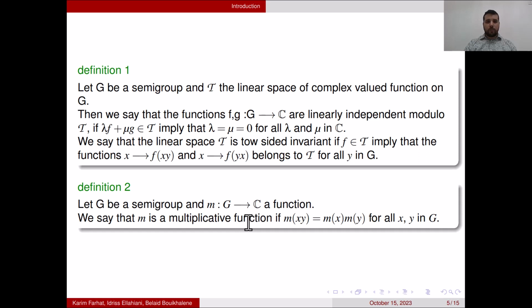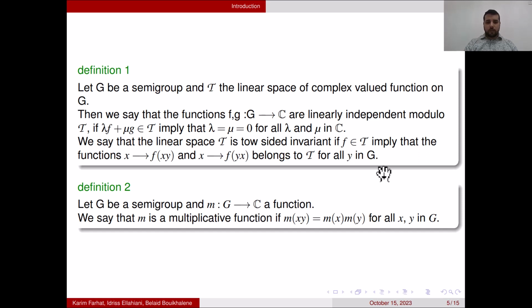Let G be a semigroup and T a linear space of complex-valued functions on G. Then we say that the functions f and g defined on G to C are linearly independent modulo T if λf + μg in T implies that λ = μ = 0, for all λ and μ in C. We say that the linear space T is two-sided invariant if f in T implies that the functions x to f(xy) and x to f(yx) belong to T for all y in G. Definition 2.